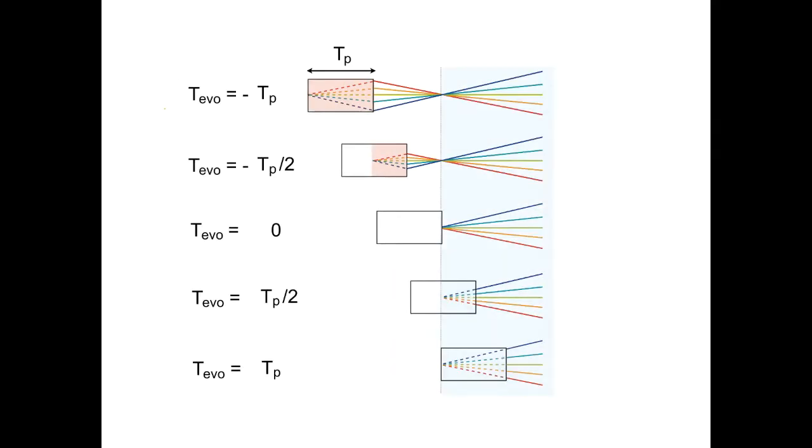An interesting point, that's where the name comes from. In many experiments, suppose you have some evolution period that you're interested in, here and here. This could be an evolution period, for example, in a Ramsey experiment or an echo experiment.